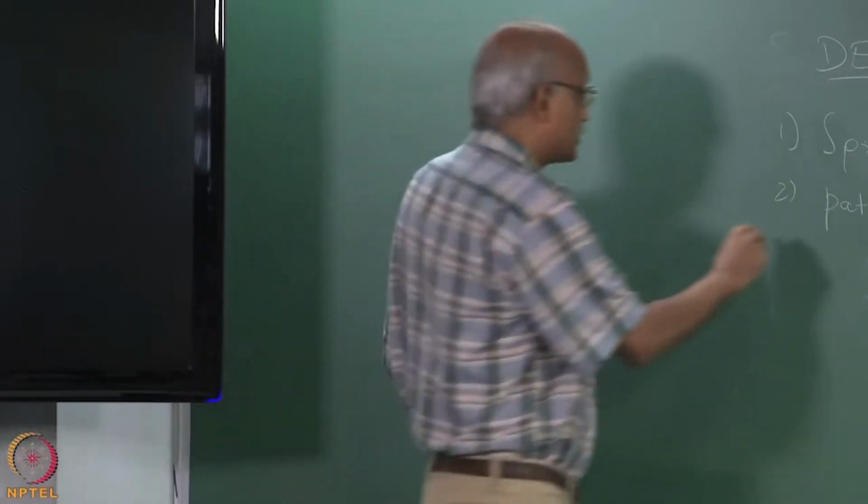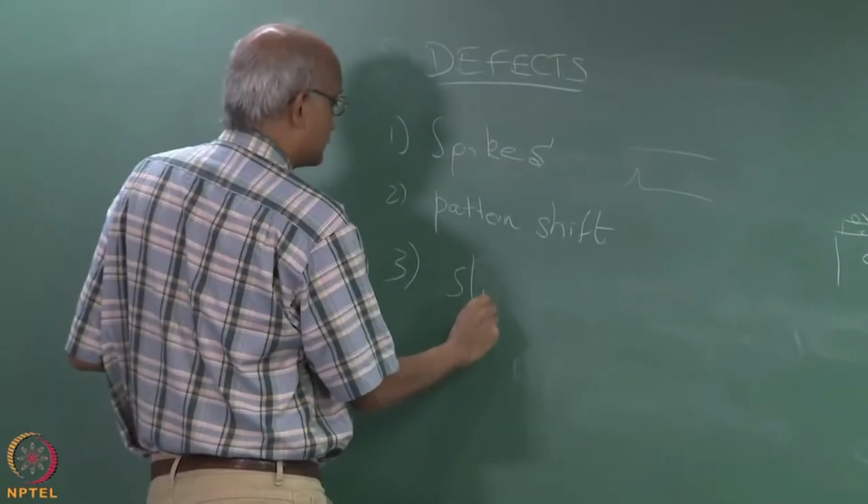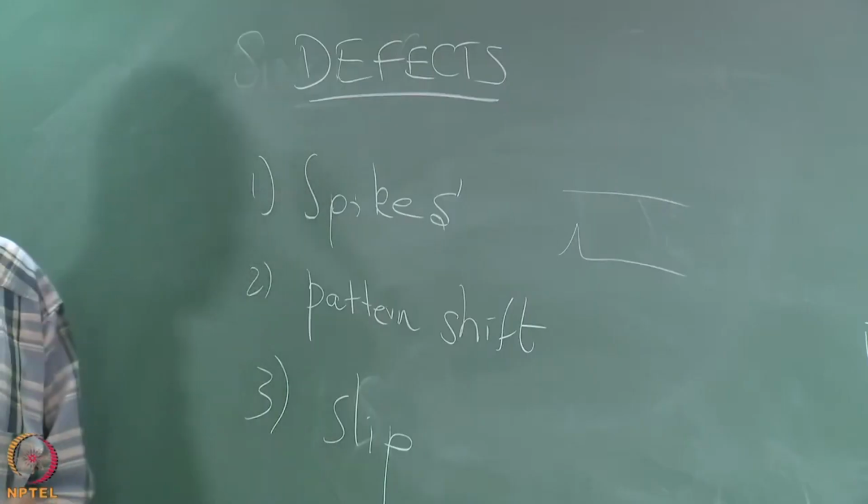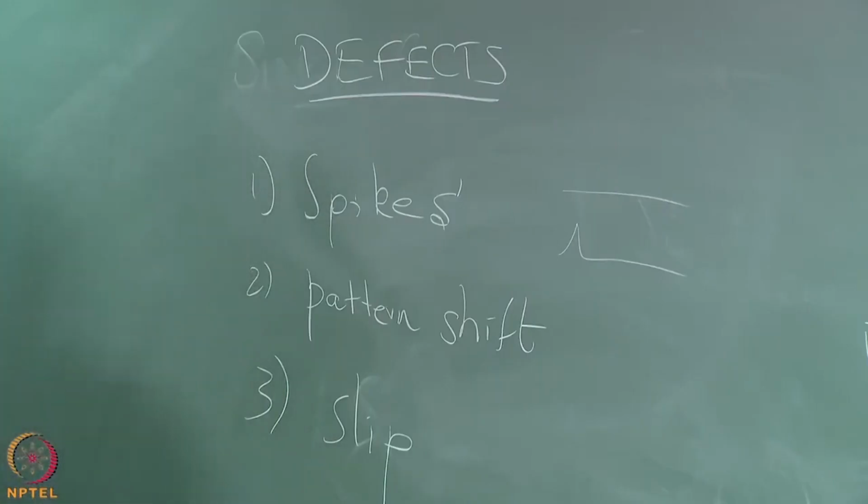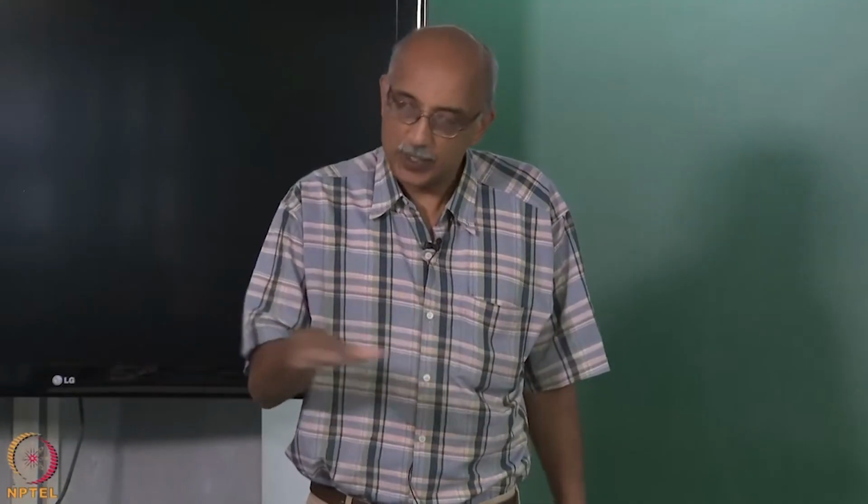Another type of defect that we see is slip. Slippage can occur between successive layers of the film, because when the CVD process happens, you are essentially putting down the CVD film one layer at a time, one molecular layer at a time, that is a few angstroms at a time. You are assuming that when the second layer deposits on top of the first layer, it is going to just settle down and stay, right, but that may not always be the case.